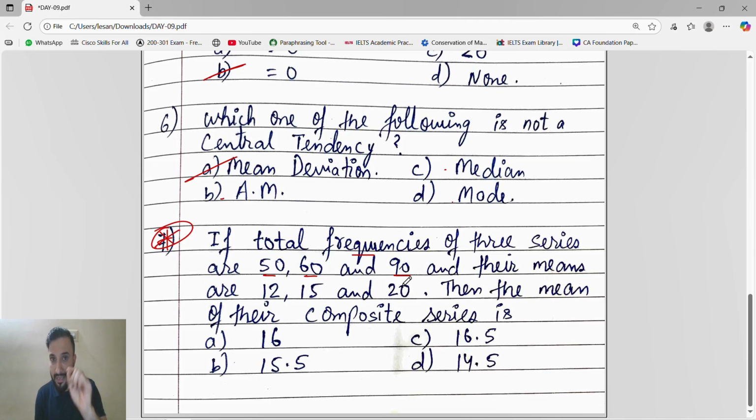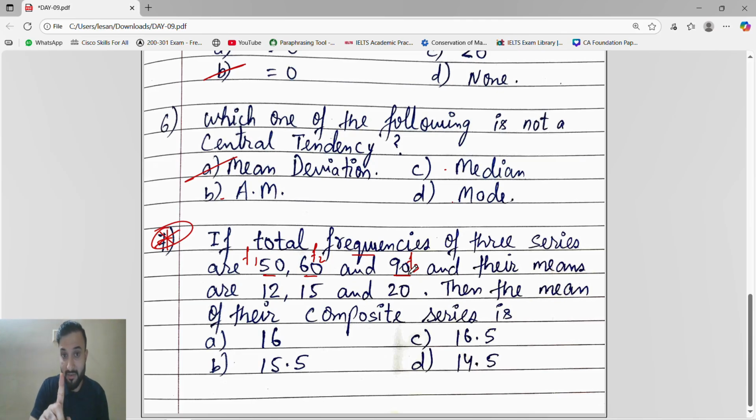If anyone reads the question, first of all what will come to your mind? That 50 is frequency 1, 60 is frequency 2, 90 is frequency 3, because they say total frequency of the series.